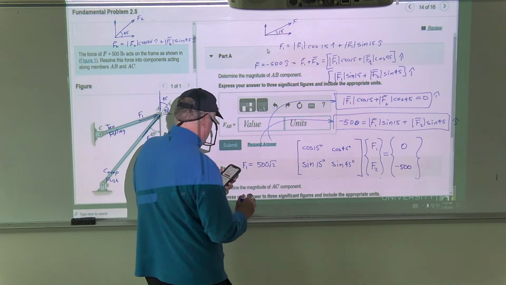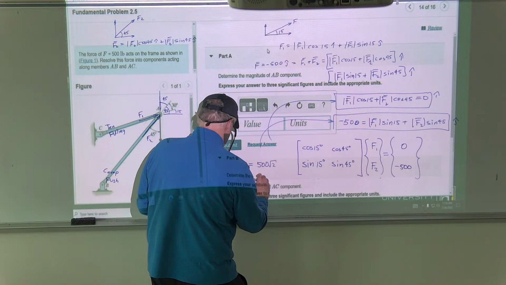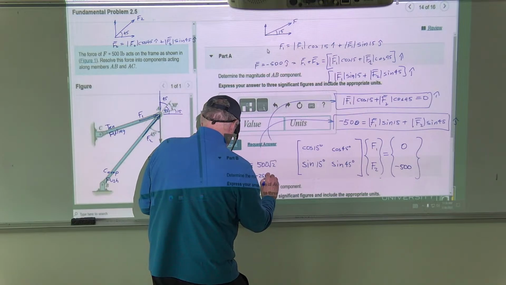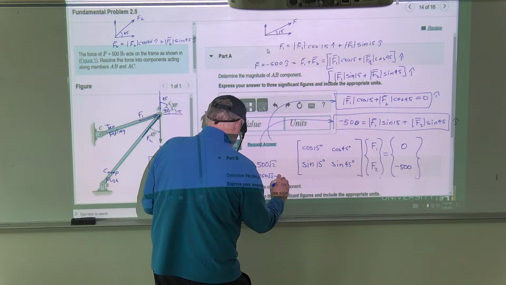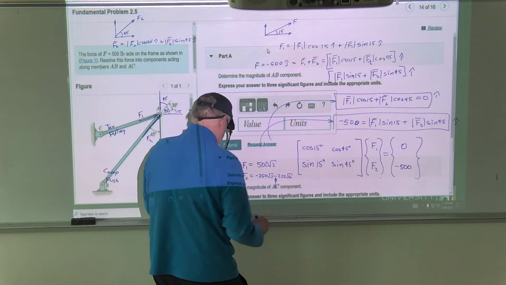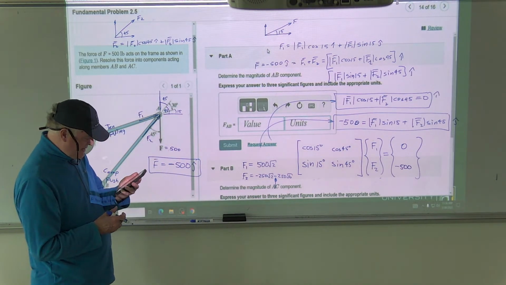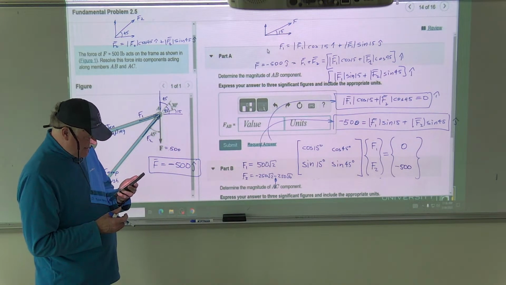I don't know. Minus 250 square root of 2, minus 250 square root of 6, and for some reason that minus sign is kind of faded out on the solution. And I don't understand why.